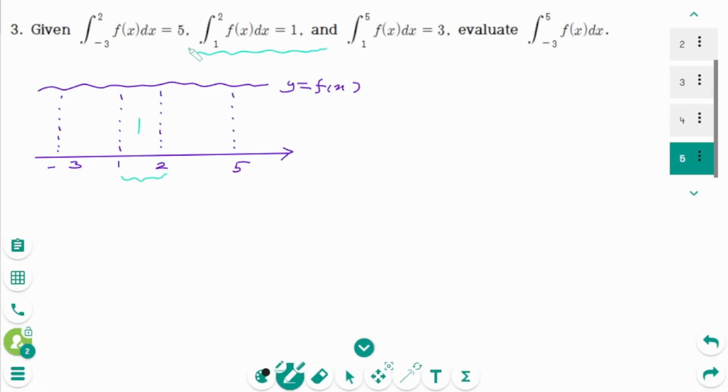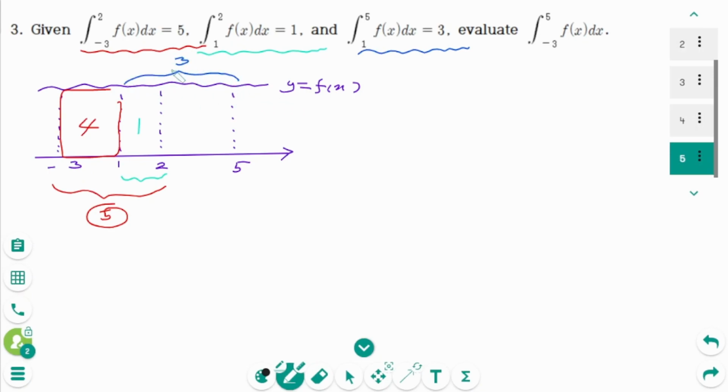From here, the closed interval is from minus 3 to 2. The area is 5. That means the area for this part is 4. This one means the closed interval is from 1 to 5. The area is 3. That means this part's area is 2.